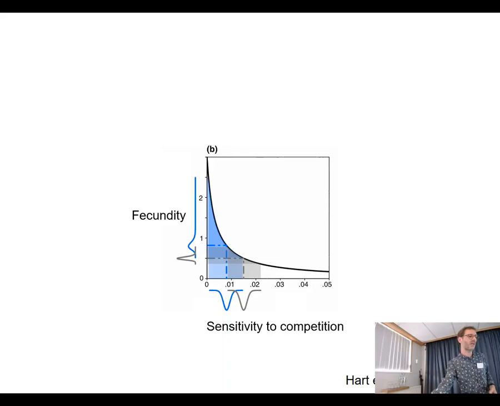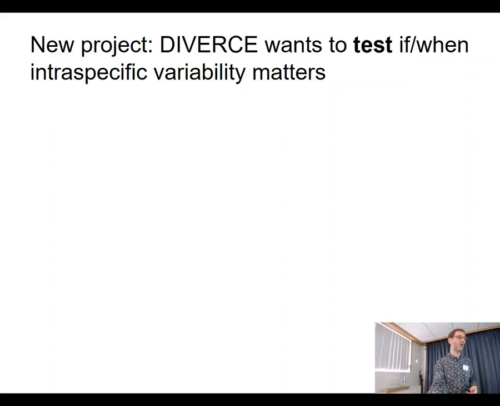And then the last point is that we need to better integrate biodiversity across levels of organization. To be more precise, we need to understand how diversity within species is important to sustain or make harder the coexistence among species. And to finalize, this is a new project that is now starting, where we want to test if or when intraspecific variability matters for species coexistence.